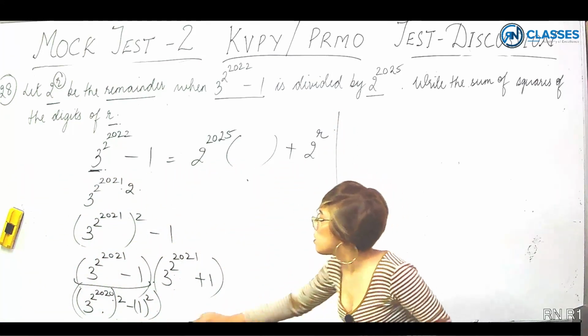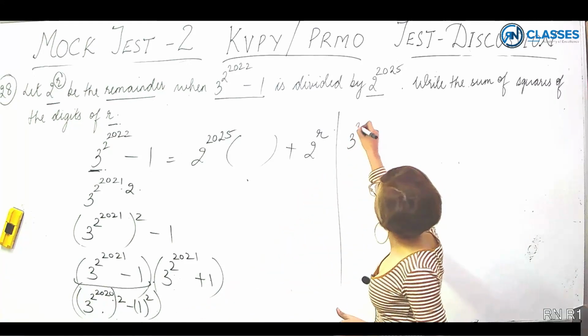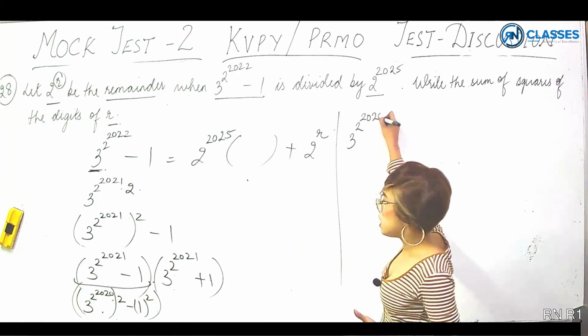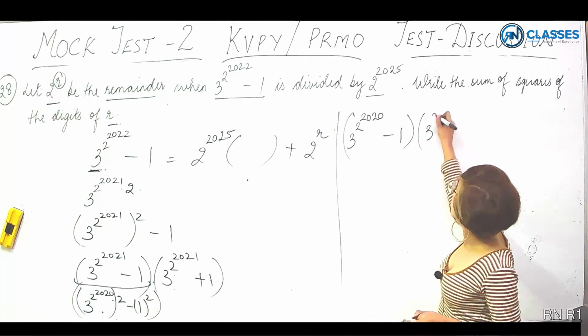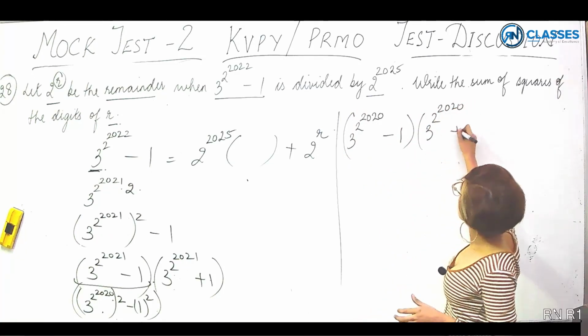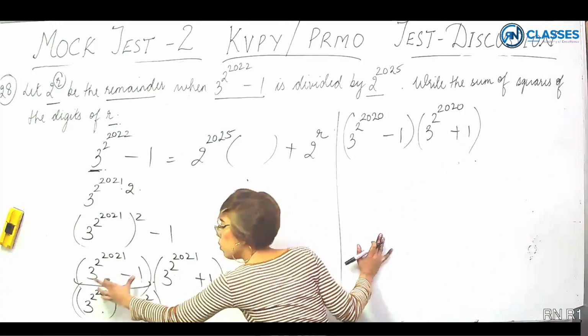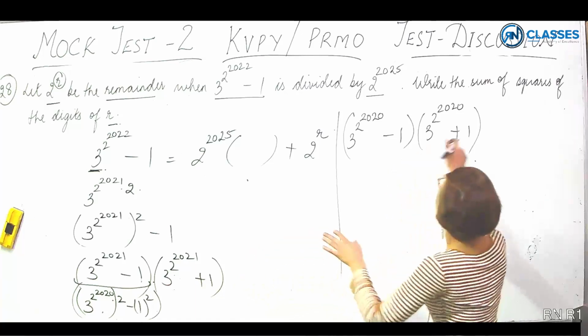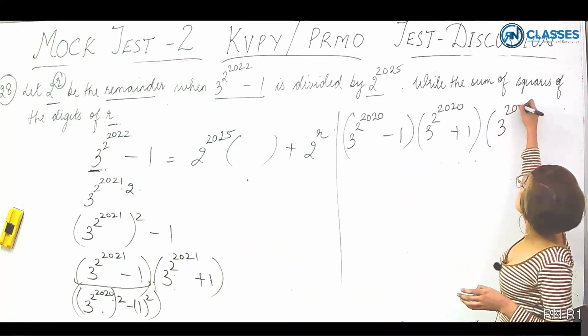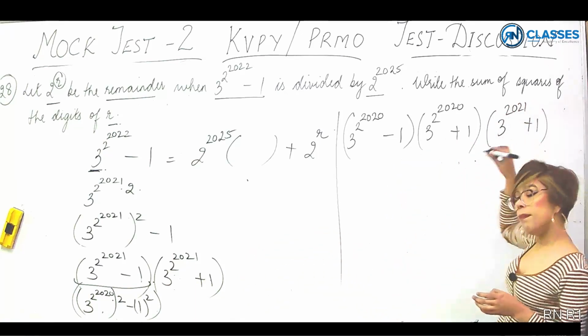So this becomes 3 raised power 2 raised power 2020 minus 1, into 3 raised power 2 raised power 2020 plus 1. This factor I wrote like this and this I wrote like this. And into this factor, don't forget about this, 3 raised power 2021 plus 1.